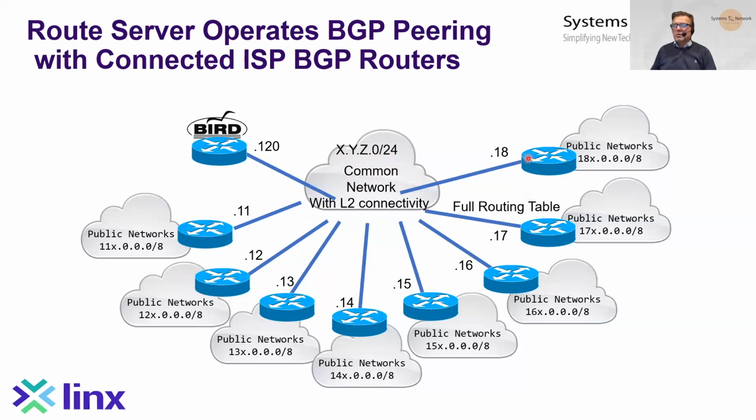And if they want to multilateral peer with these other organizations, they can have a single session with the route server to do so. So if this organization wants to advertise its routes, it's going to advertise its routes to the route server, and then the route server is going to take those routes and advertise them on to the other organizations that are connected to this infrastructure here.